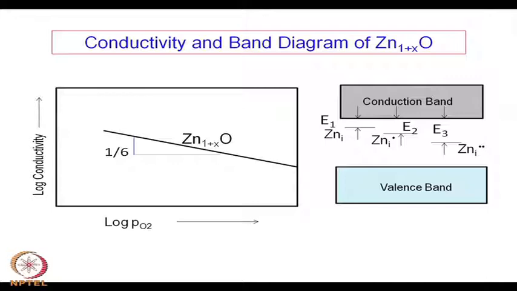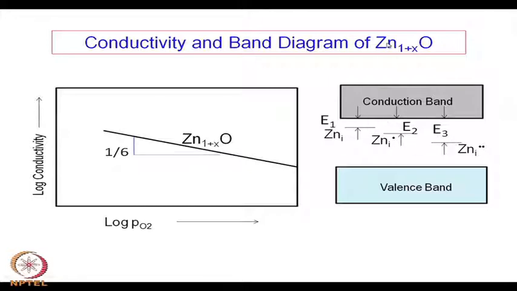This is another example of semiconducting oxides, once again created because of non-stoichiometry, and here the non-stoichiometry is because of metal interstitials. Metal interstitials act as donors, and therefore it is an n-type semiconductor, with a negative slope of log conductivity against log PO2, and the energy levels will be like this.